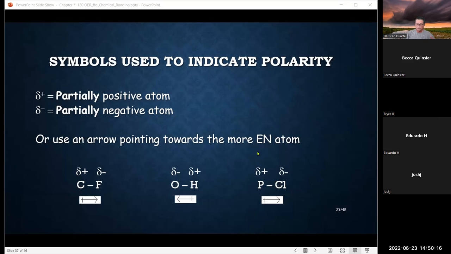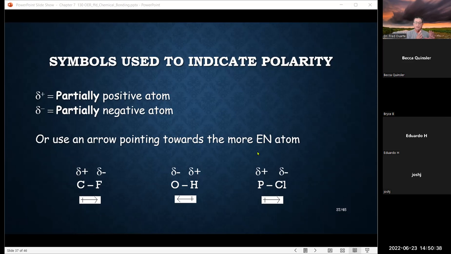So we use what we call the polar arrow to designate in which direction that pull is occurring. The arrow points to the atom that's a lot more electronegative, and the positive side points to the atom that is least electronegative.